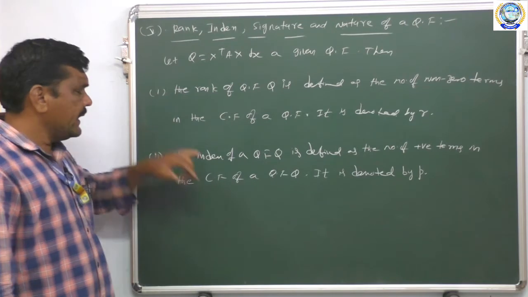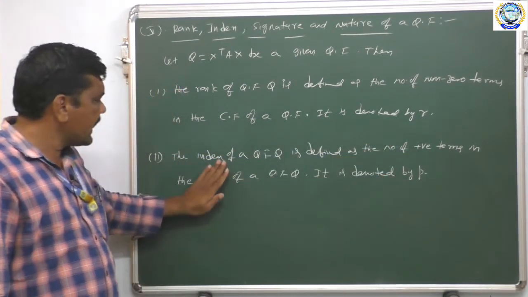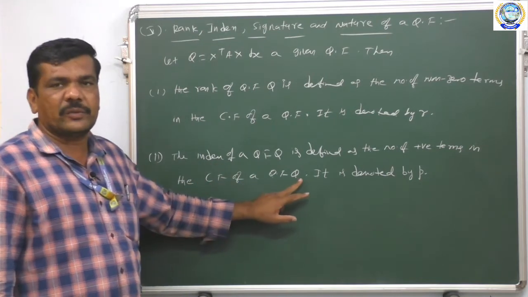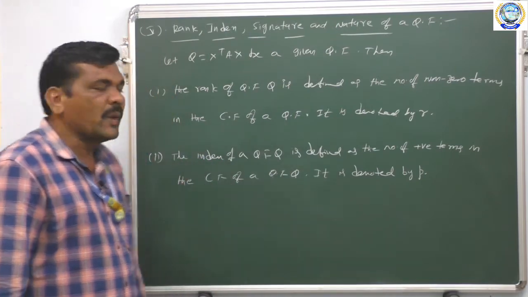Here, the index of a quadratic form is defined as the number of positive terms in the canonical form of a given quadratic form Q, and the index of a quadratic form is denoted by small p.